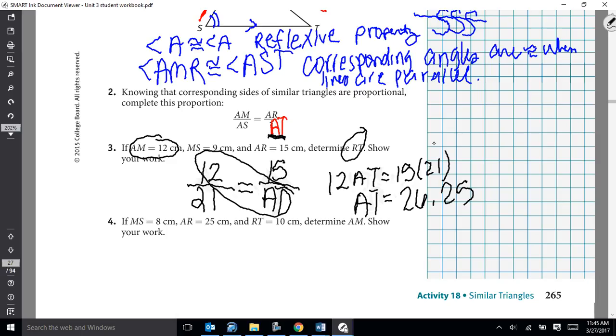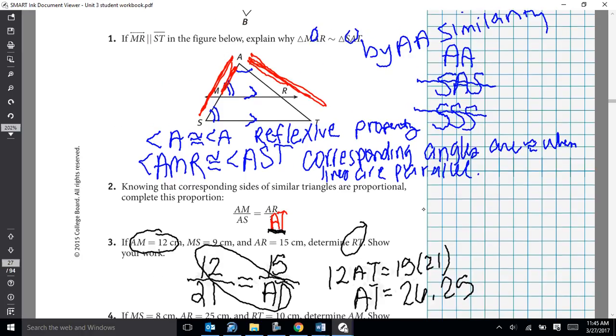It's asking for RT. So how do we get RT? If we go back up here, we know AR is 15, and we know the length of the whole thing is 26.25. So how do we find RT? We subtract them, yep.